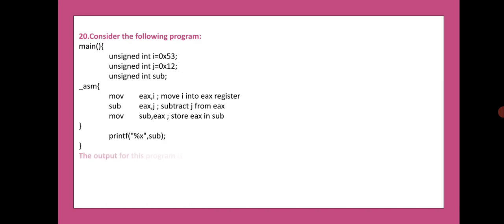So what is the output of this program? Will it print 64, 41, 32 or 66? We are trying to print %x, that is hexadecimal, right?